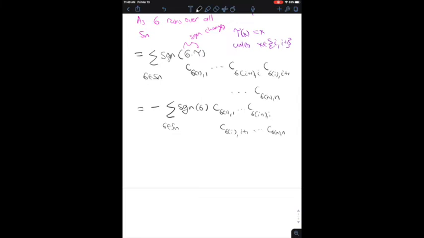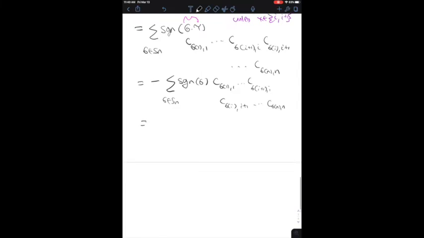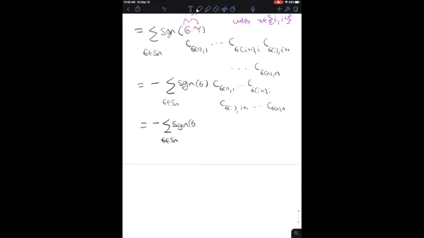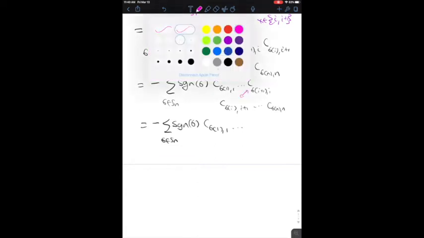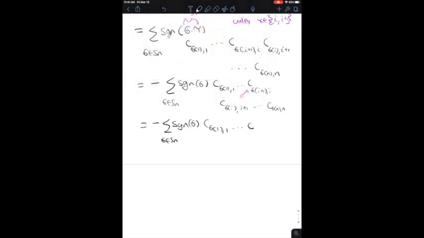Let's rearrange this slightly by replacing the (i+1)th and ith entries. So let's write this as sign of sigma, C_{sigma(1)}, and then swap these two entries, since it's a commutative ring and I can swap my entries around.